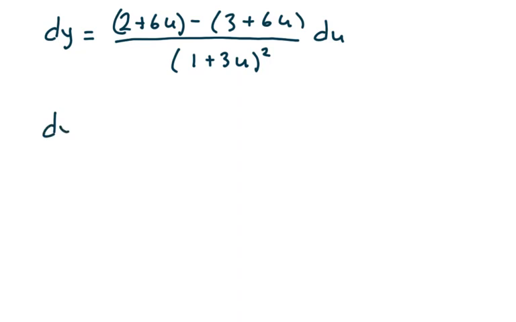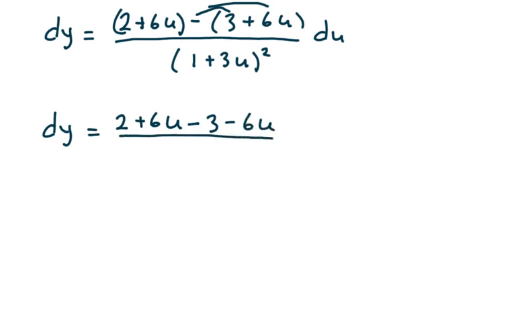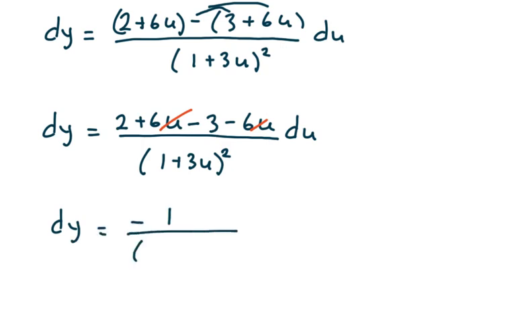And so dy is 2 plus 6u, and then I need to distribute the negative inside, and so I get minus 3 minus 6u divided by 1 plus 3u raised to the second du. But these 6u's are going to cancel, and 2 minus 3 is negative 1. And so dy is negative 1 divided by 1 plus 3u raised to the second du.